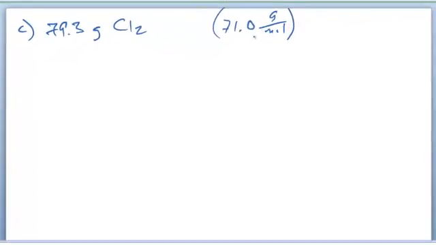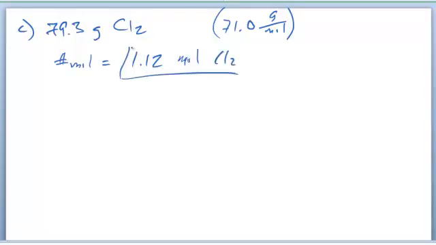And when you work this out, you should get the number of moles equals 1.12 moles of chlorine gas. Again, notice I'm given three significant figures in the mass, and so I can only keep three in the answer.